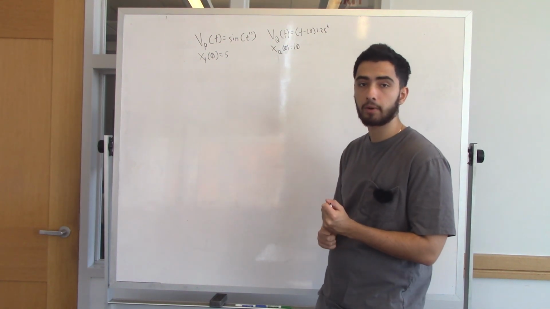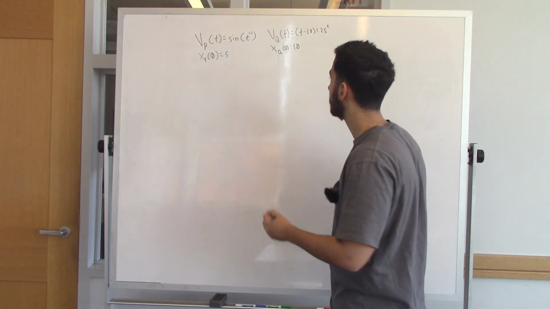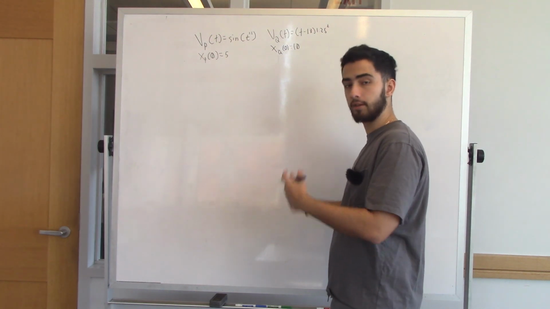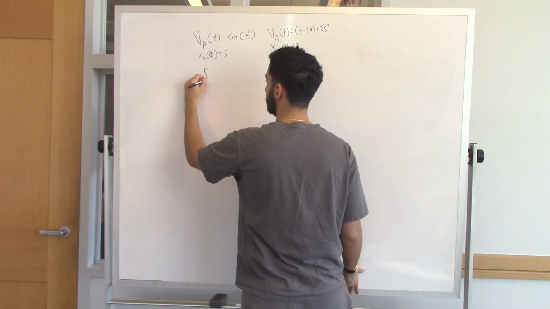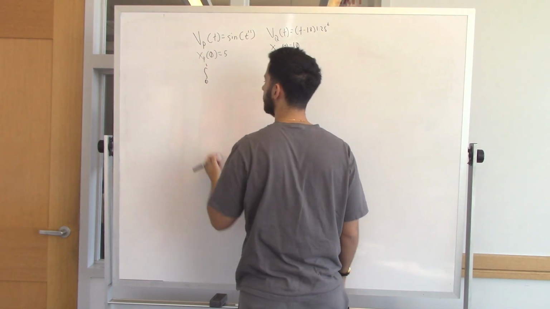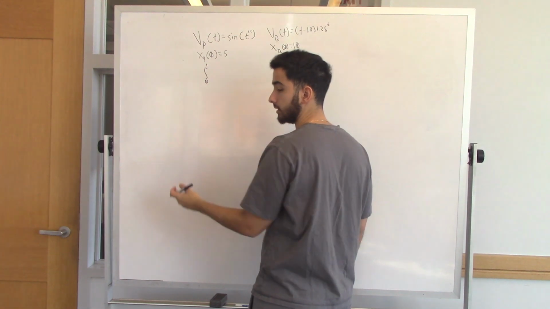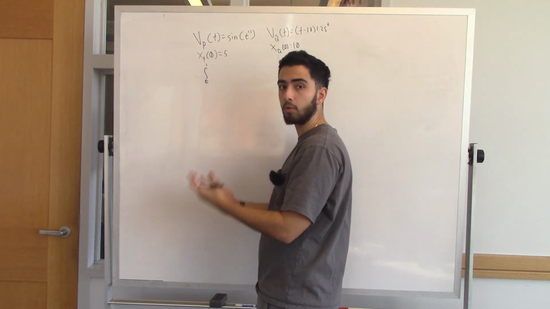But for this first part, we're asked to find the position of both particles at t equals 1. Alright? So to get position, when you're given velocity, you have to integrate. Right? So the integral from 0 to 1, why 0? We know the value of P's distance at 0, and we want it at 1. So we're going to need something that we know to get something that we want.